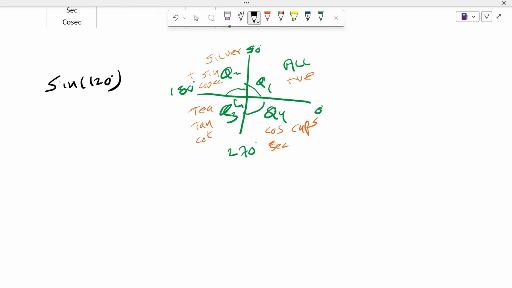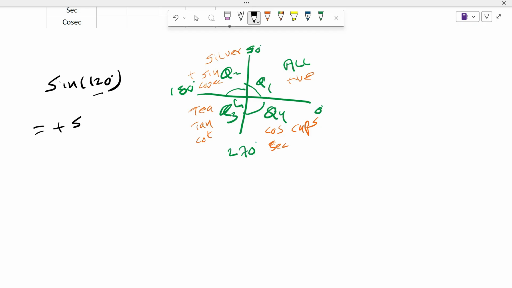First we have to know what the sign of the resultant answer is, so we have to identify whether it is positive or negative. Look at where 120 degrees falls. According to All Silver Teacups, it falls under Q2. In Q2, sine and cosec are positive, so the resultant will be positive.